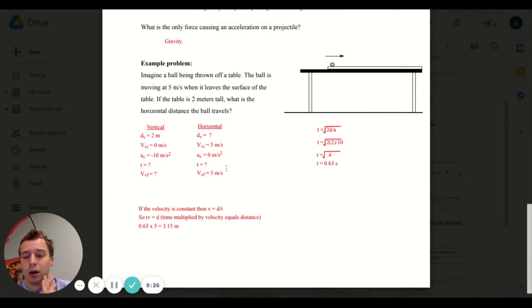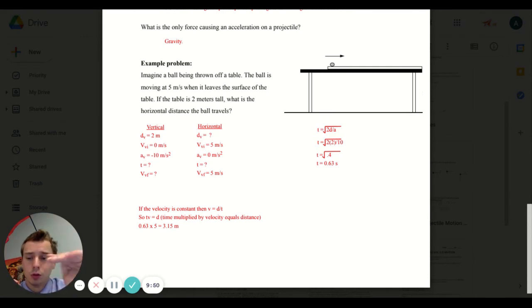So the trick to these problems is that you need to in some way connect the vertical and horizontal velocities. The way that we do this is the time, because the rest of them can be completely independent of each other. But for time, if I have an object that hits the ground vertically, that means it's also going to stop horizontally, right?